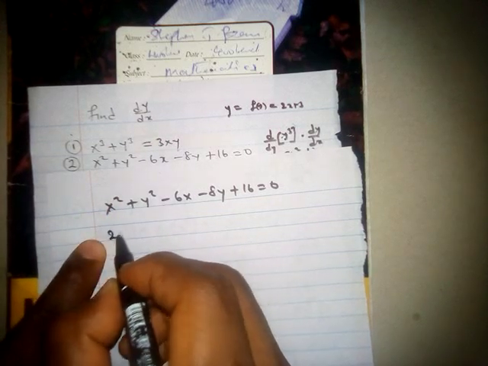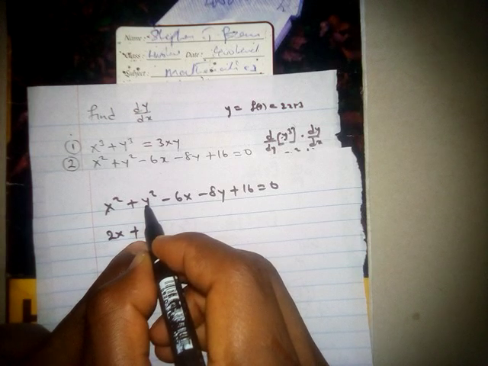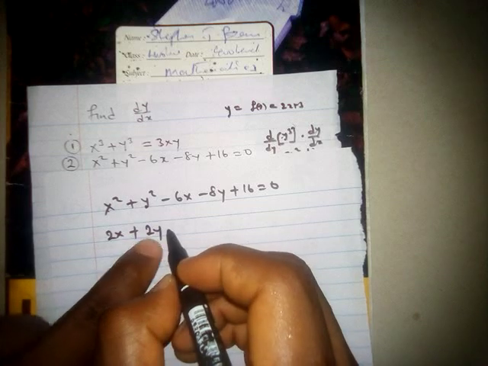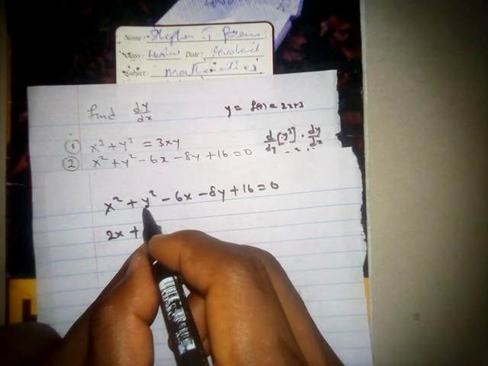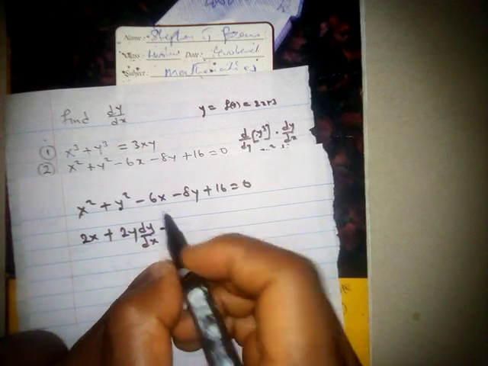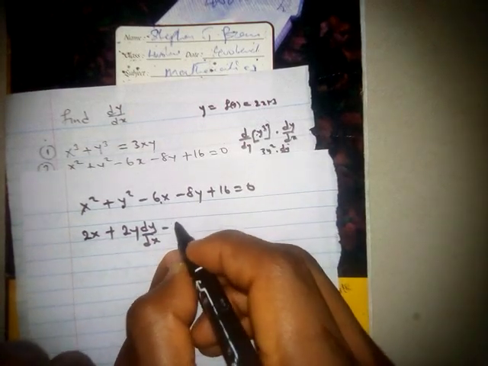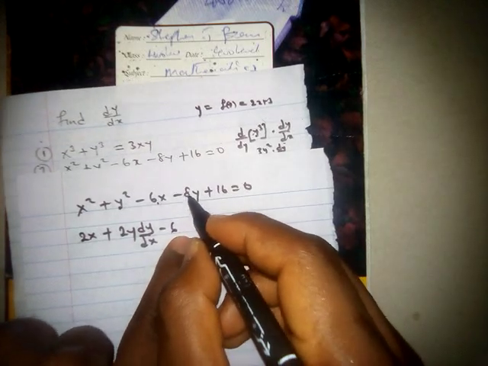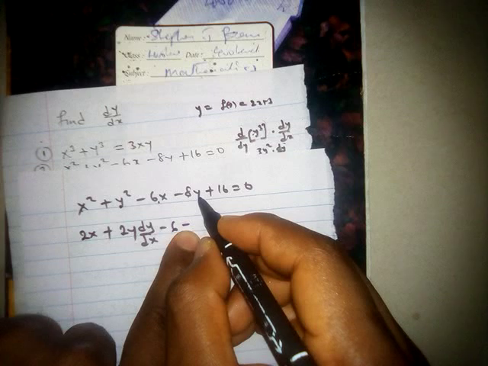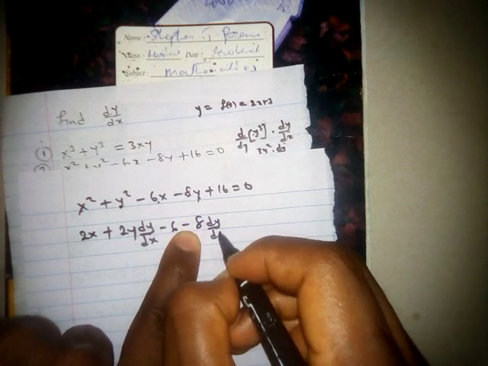So I have 2x plus, now I want to differentiate y squared with respect to x. First of all, I will differentiate with respect to y, I'll have 2y. Then because I'm differentiating with respect to x, I'll multiply by dy/dx, minus, now differentiate 6x with respect to x, you have 6. Differentiate 8y with respect to x, I have 8 dy/dx.